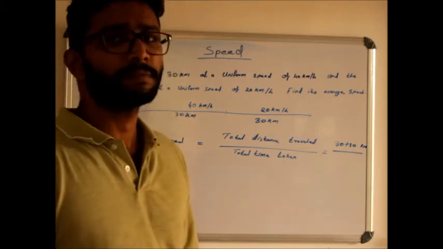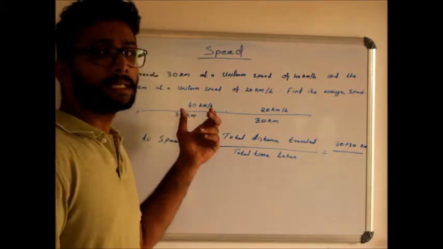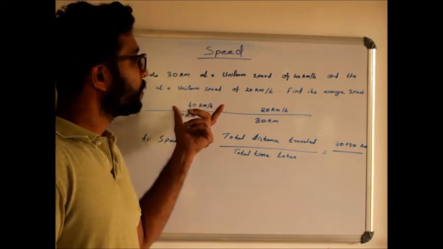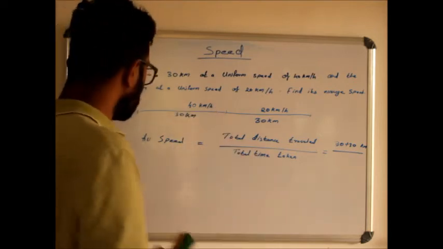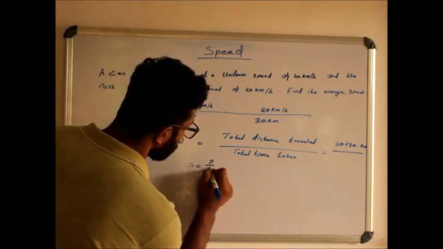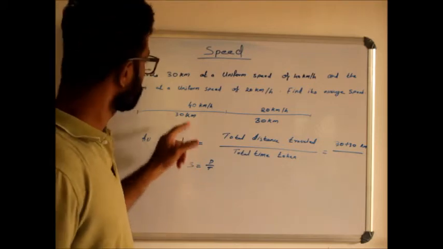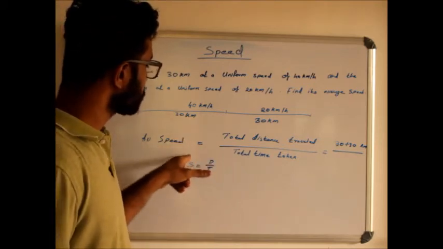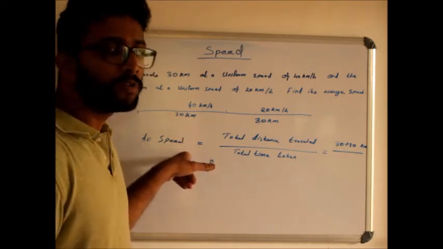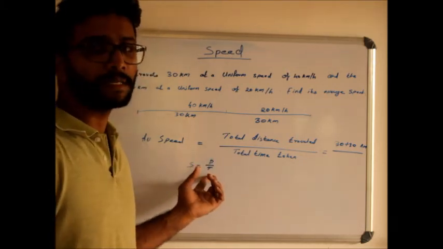So for that, how can you find the time taken? We know the equation of speed. Speed is equal to distance divided by time. Here two values are given, isn't it? Distance is given, speed is given. So if any two of these are given, the next one can be found easily.